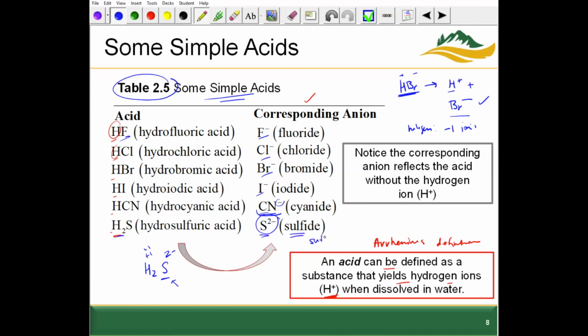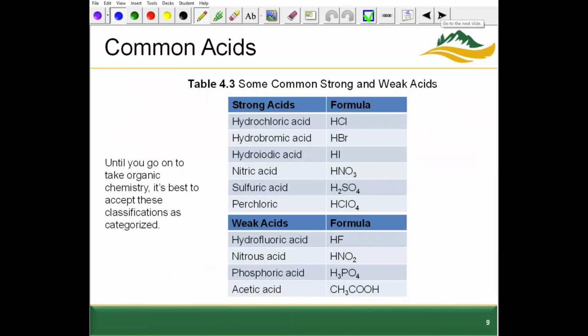We took sulfur, and we changed the ending to IDE, so sulfide. Okay, so we can match up the acid with its corresponding anion. We notice that it has a charge here because the H+ is dissociated, because all of these are examples of acids.